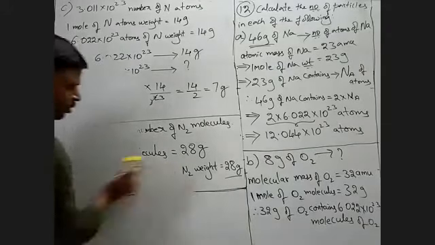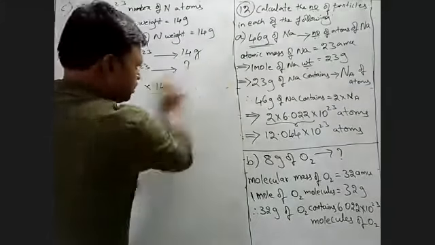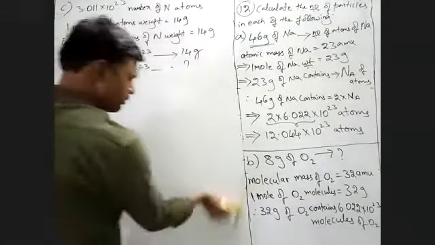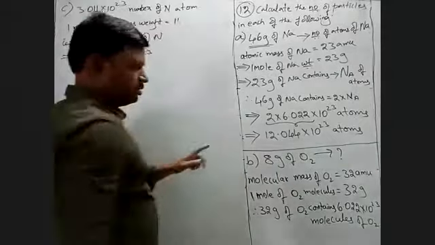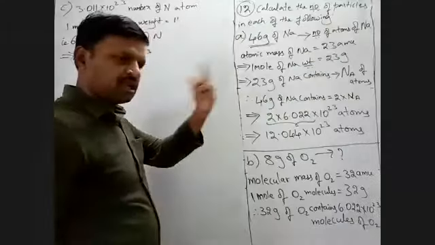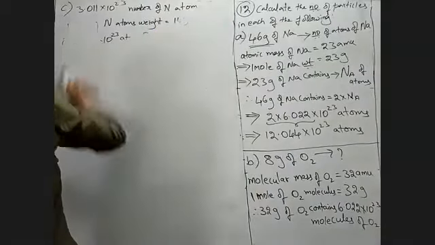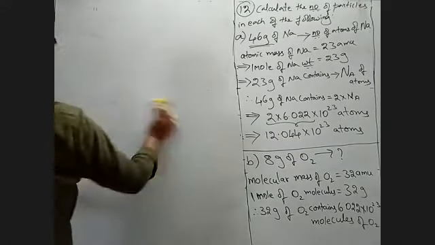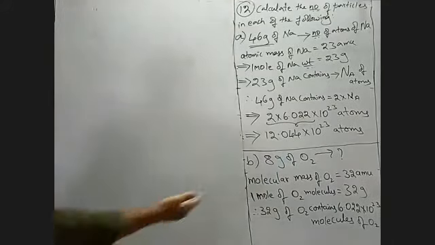I'm going very slow and very elaborate. Try to understand, students. I hope it is not confusing. If it is confusing, you can type to me also. So 32 gram is weighing that much.